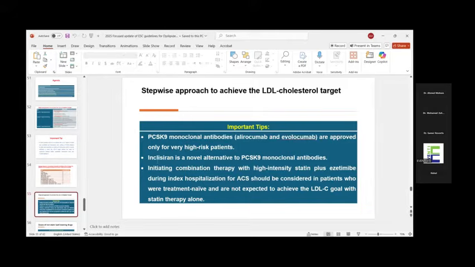Important tips: PCSK9 monoclonal antibodies are approved only for very high risk patients. Inclisiran is considered a novel alternative to the PCSK9 monoclonal antibodies.